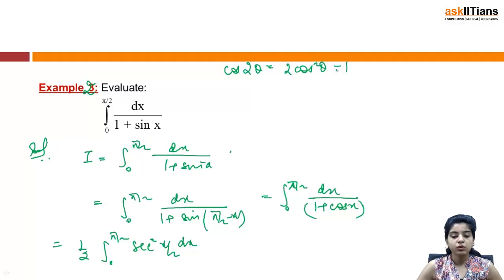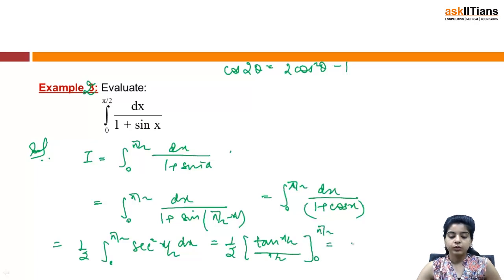So 1 plus cos theta becomes 2 cos square (theta by 2). So we have half 1 by cos square (theta by 2), that is sec square (theta by 2). So integral of sec square (x by 2) dx can be written as half of tan (x by 2) by again half, 0 to pi by 2. Now half will get cancelled and you have tan 90 minus tan 0.